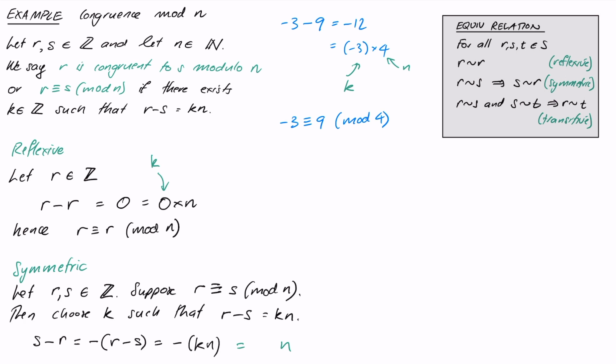And that kind of fits what we've got here as well. That's going to be equal to, therefore, negative k times n. It's something times n, therefore s is equivalent to r mod n.